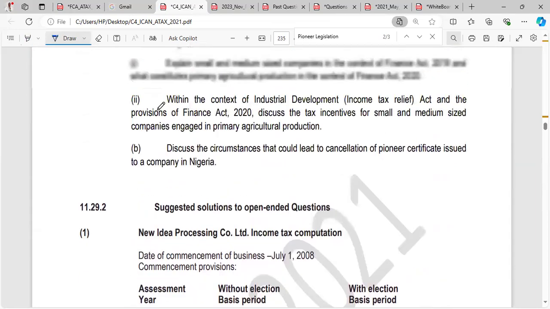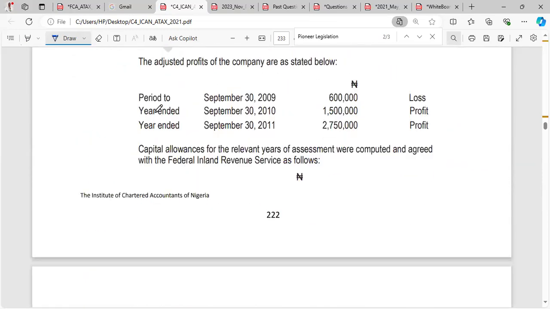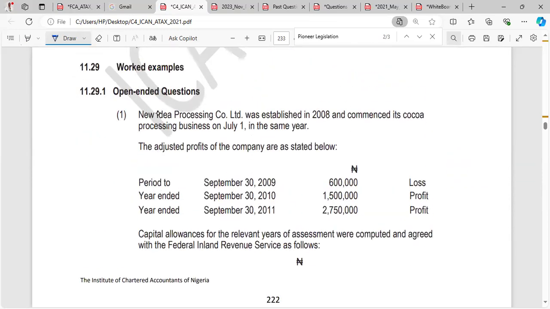you can decide to do something like, okay, let me look at it from the question side. You can decide to call this 20x8, so you can call this 20x9, 20x10, 20x11.